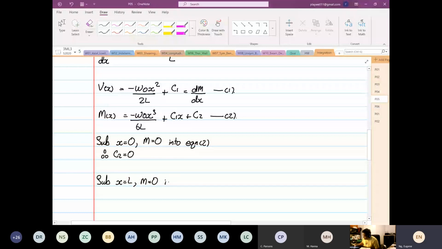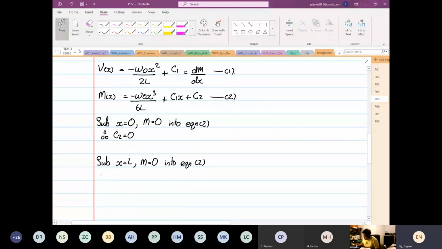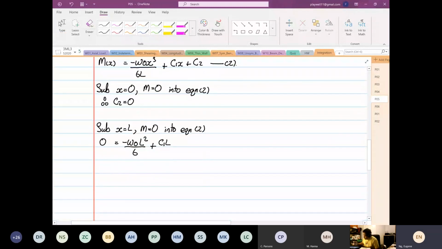Knowing that C2 is equal to 0, this is equal to 0, and this is equal to minus omega naught L squared over 6 plus C1 L. You don't need to do C2 because C2 is equal to 0. So from here, we know that C1 is equal to omega naught L over 6.